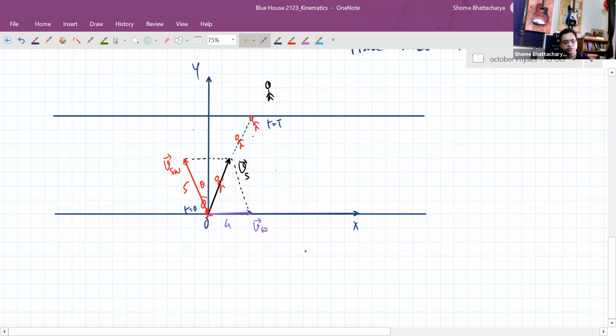Okay, so let's understand. We can write the water's velocity in the ground frame as a vector as 4 i cap. We can write the velocity of the swimmer with respect to water as 5 times minus sine theta i cap plus cos theta j cap. The theta is 37 degrees.